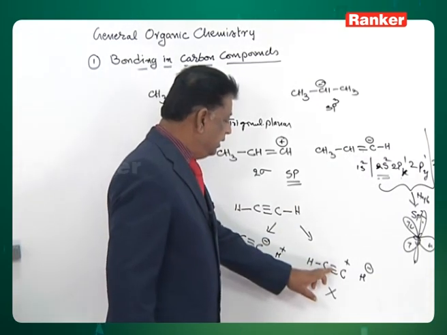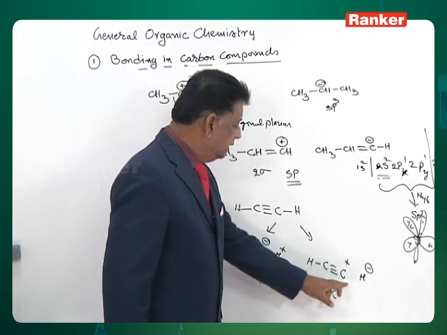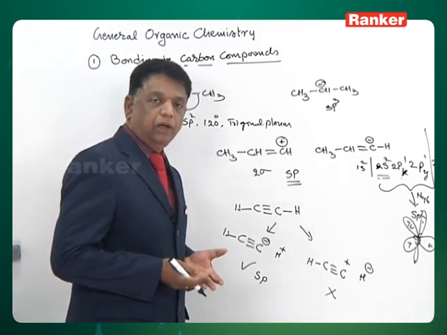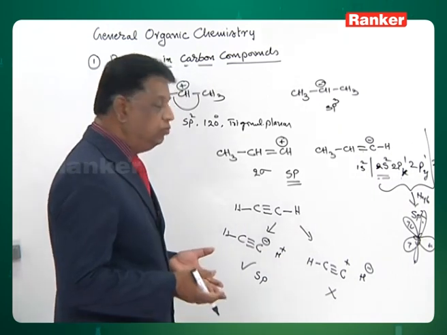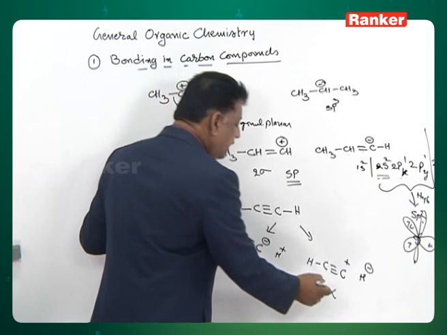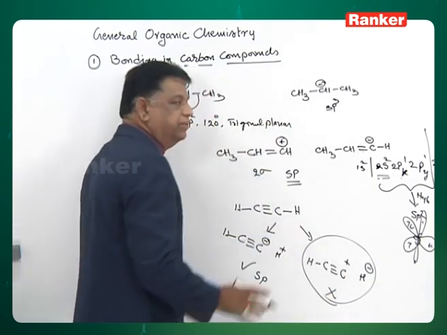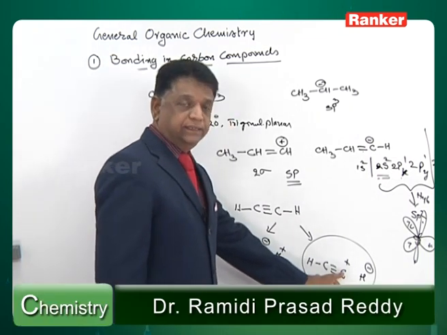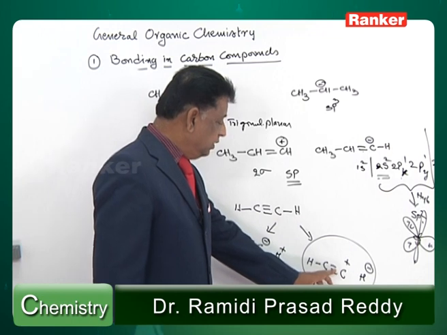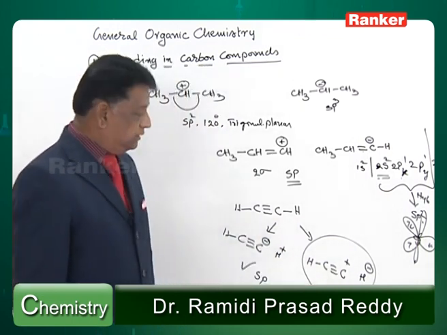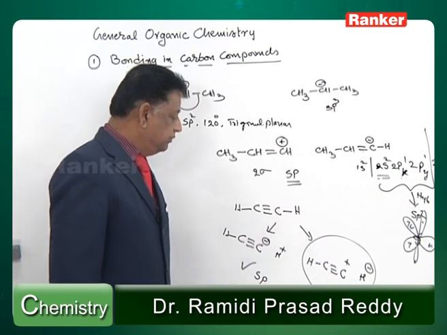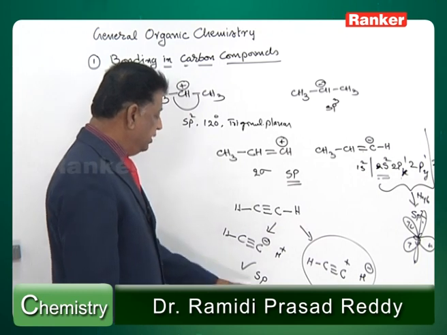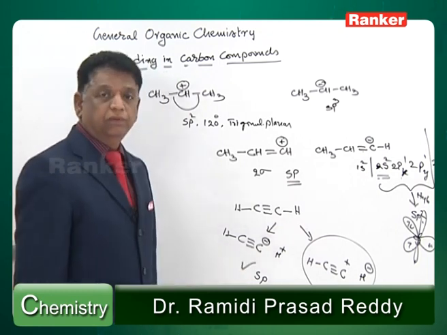In the other case there is only 1 sigma bond, that's all, and the other 2 are pi bonds, with a loss of electron. 1 sigma bond means only the s orbital, there is no hybridization, and that leads to instability. So, this type of acetylene cation never forms at all, it collapses because of instability, with only 1 sigma bond meaning no hybridization. The acetylide carbocation will not be formed, but the acetylide anion will be readily formed, as sp hybridization is quite possible.